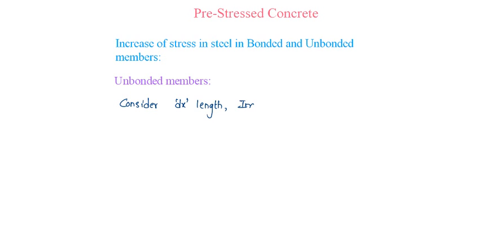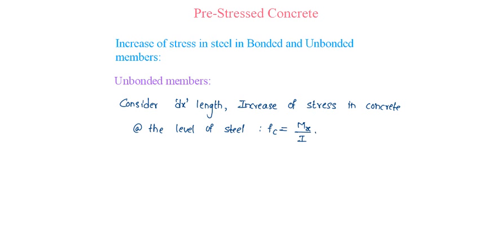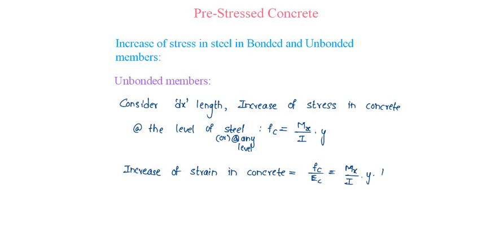Then the increase of stress in concrete at the level of steel will be, say, Fc, which will be equal to the bending moment at that section, Mx by I into Y, at the level of steel or at any level Y. Then the increase of strain in concrete will be equal to stress by Young's modulus of concrete, that is equal to Mx by I into Y into 1 by Young's modulus of concrete.